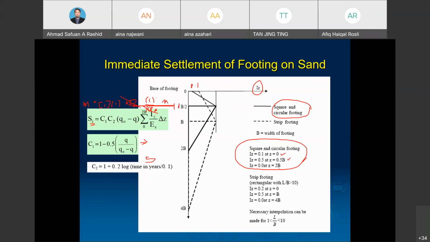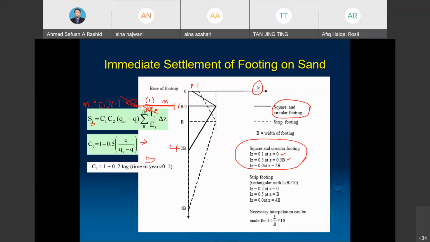So then the last one is Isaac is equal to 0. Okay. When the Z is equal to 2b. Okay. So 2b kalau 2 meter, so dia akan jadi 4 meter. Okay. Tak apa, yang ni awak digest ini dulu. Nanti kita akan pergi kepada example next week. Okay. So that is for the square and circular footing.